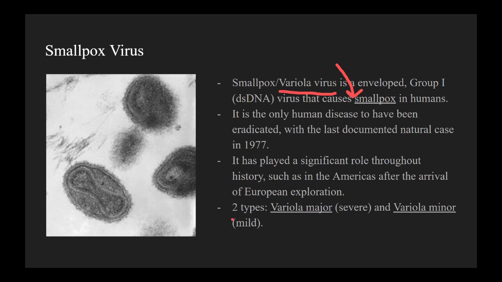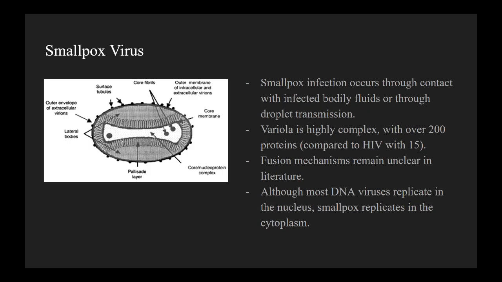So very historically significant. There are two types here, variola major and variola minor. Variola major is the most common, the most severe, and the one that we will be talking about for the next few slides.